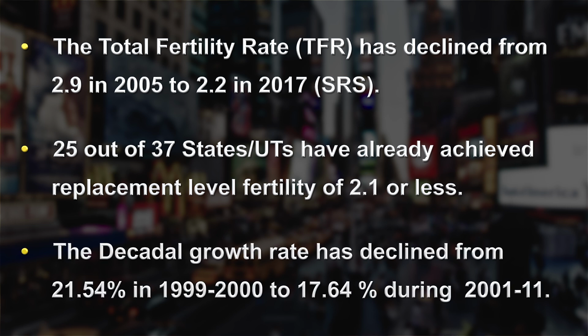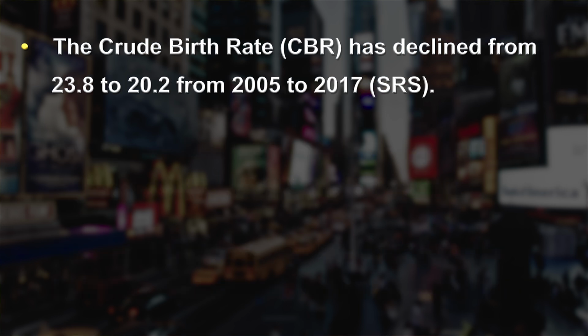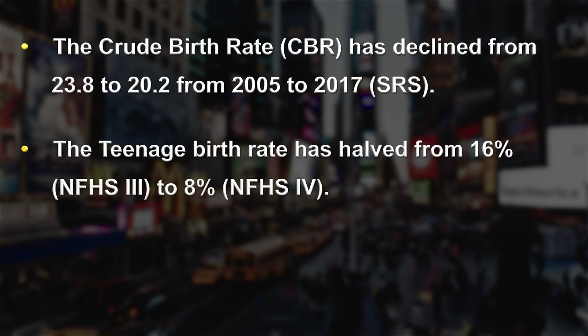The decadal growth rate has declined from 21.54% in 1999-2000 to 17.64% during 2001-2011. The crude birth rate or the CBR has declined from 23.8 to 20.2 from 2005 to 2017. The teenage birth rate has halved from 16% to 8%.